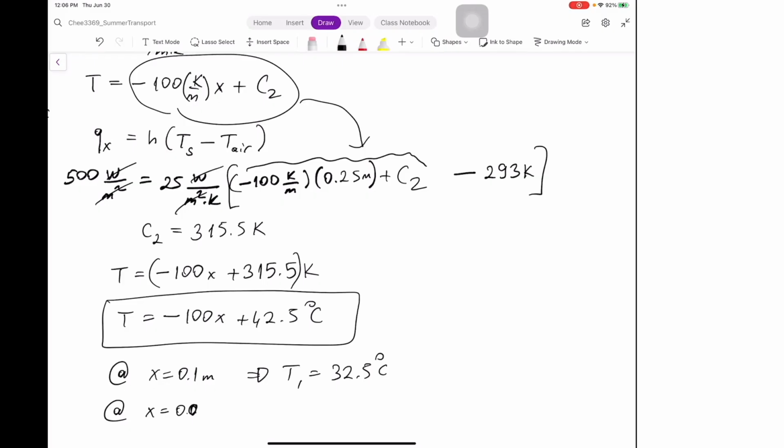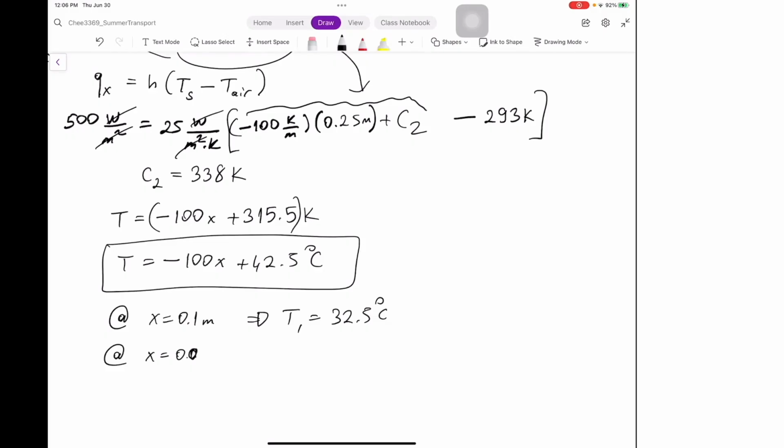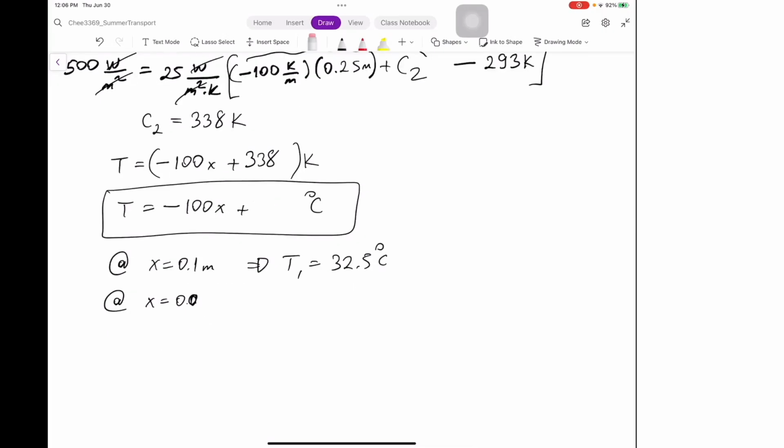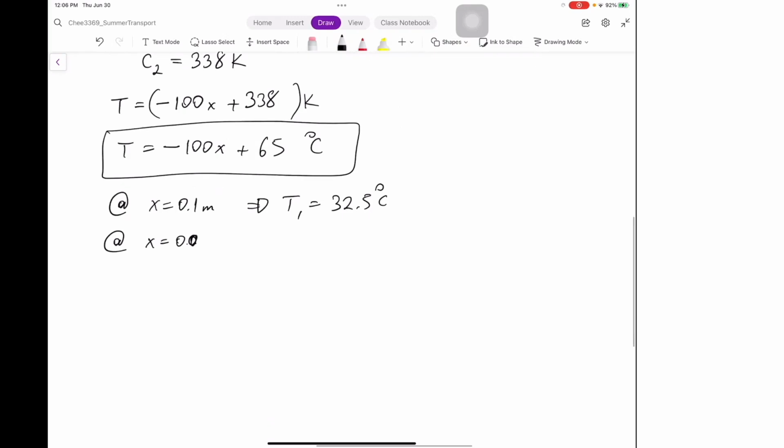So instead of 315.5 you get 338 Kelvin, right? And in terms of centigrade, you should get 65. Okay, there you go. And this is 55.